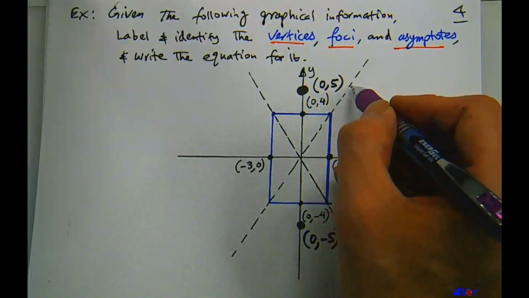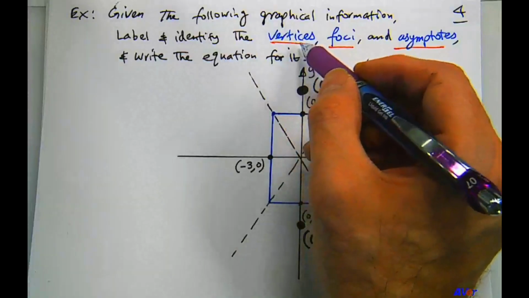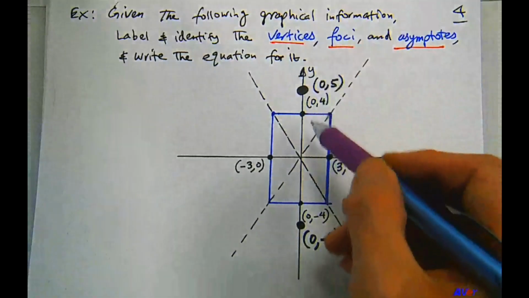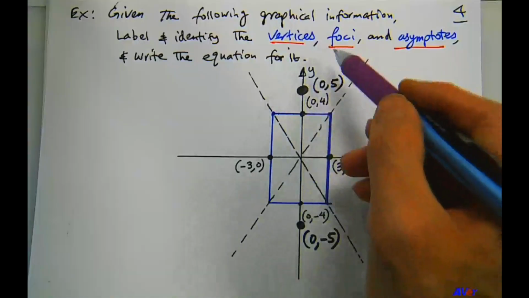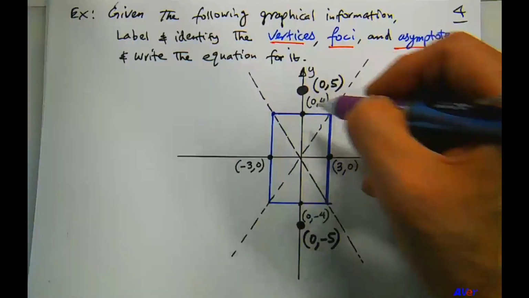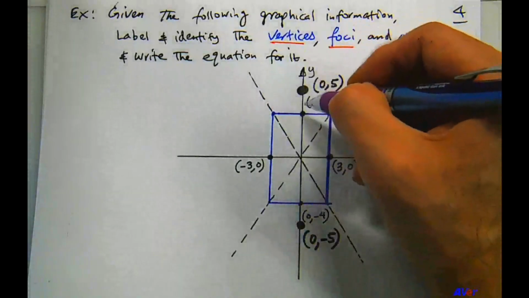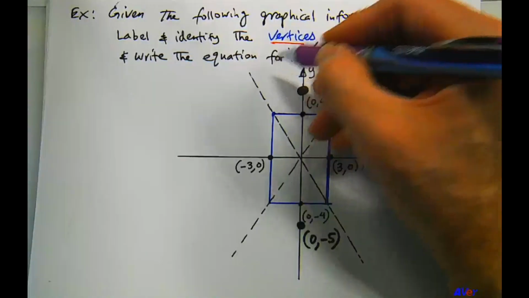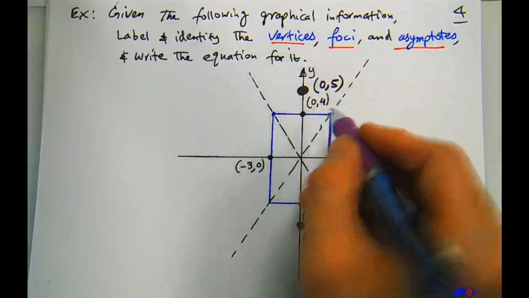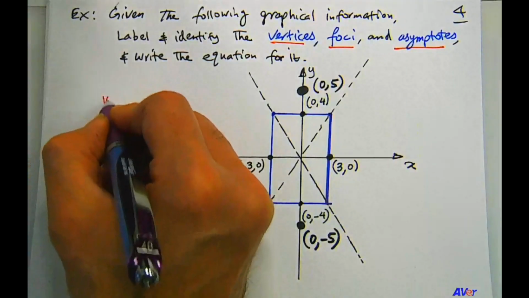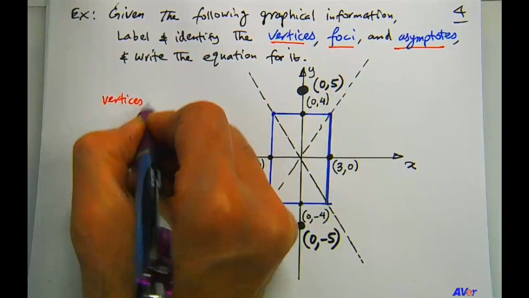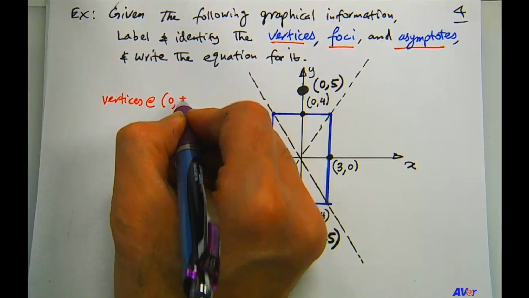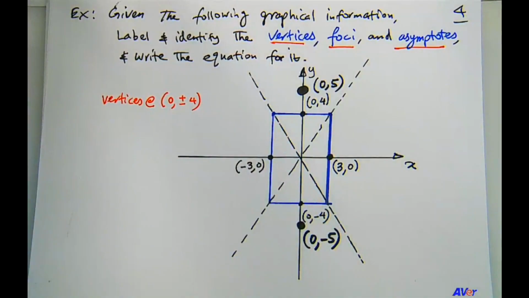Let's start with the vertices. The vertices are always along the same axis as the foci. So that would be right here. Those are the vertices, so I'd say vertices at 0, ±4.